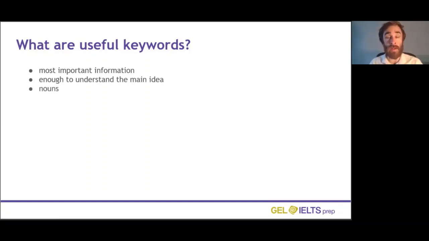That means keywords are very often nouns, so the main things or people in a sentence. But they could of course be verbs or verb phrases. They can be adjectives if those are important for describing the specific type of noun, or they could be adverbs or adverb phrases. But nouns are certainly the main thing to look out for. Let's look at some examples.